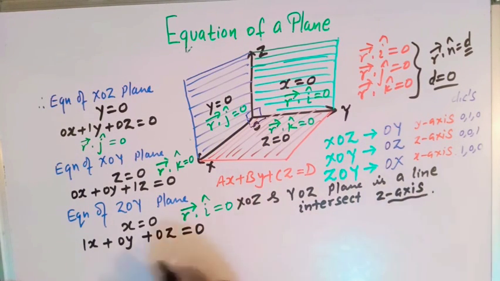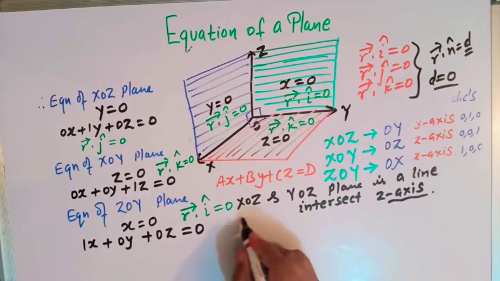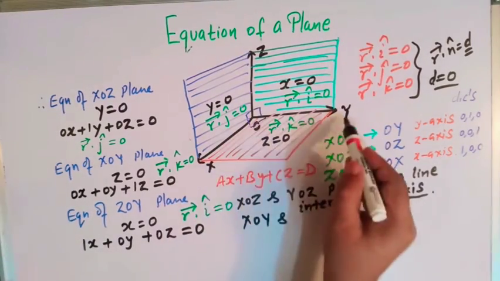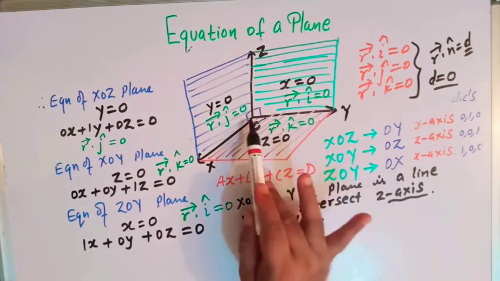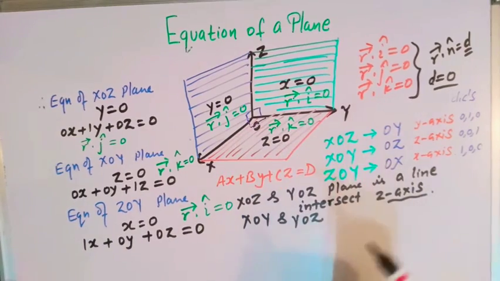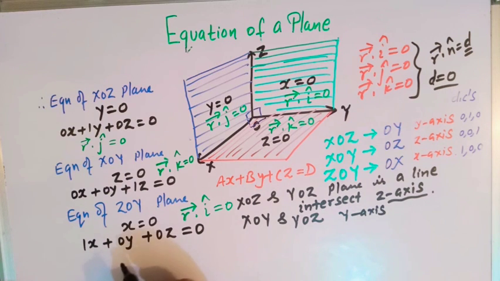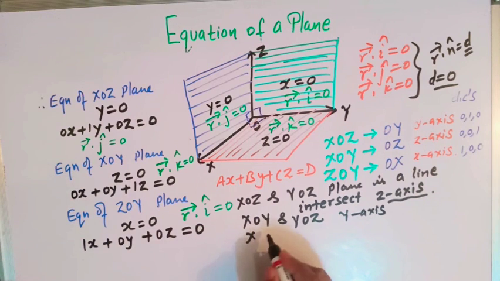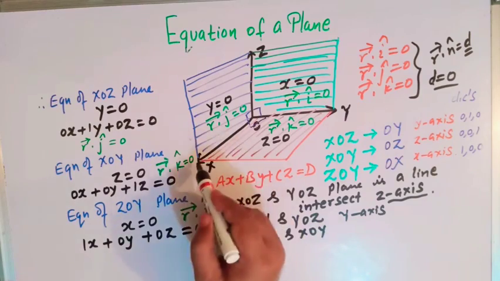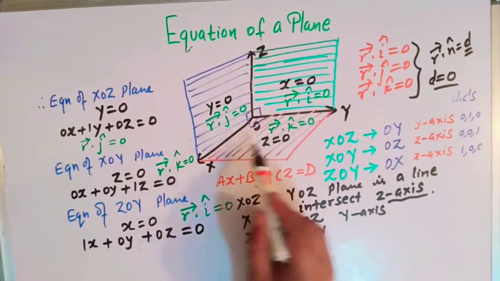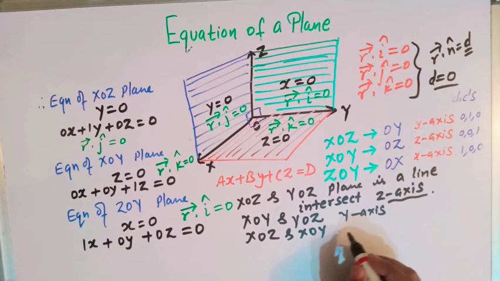Similarly, the plane XOY and YOZ, these two planes intersect in a line, and the line is y-axis, right? And similarly, the plane XOZ and XOY, these two planes intersect in a line, and the line is x-axis.